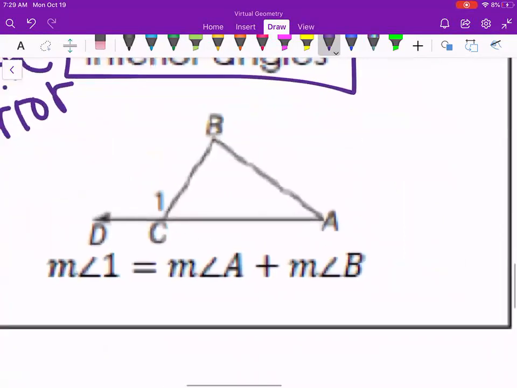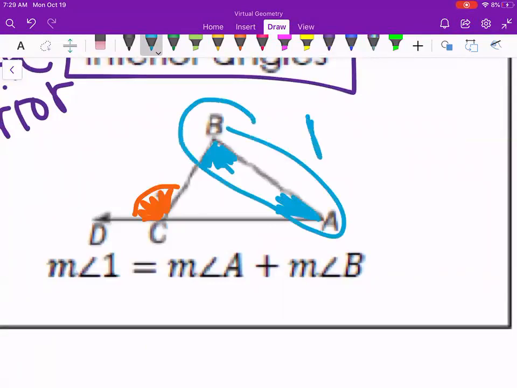So when we look at this specific picture we have here, angle 1 is our exterior angle. It's outside of the triangle. Now, my remote interiors are the two angles that are not making a linear pair with that, meaning they are not going to share a side. So that means angle B and angle A. Those two are my remote interiors.